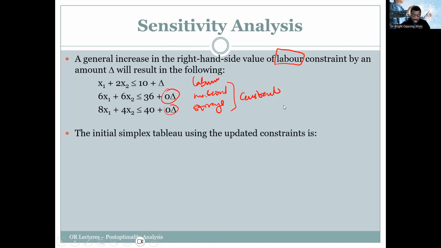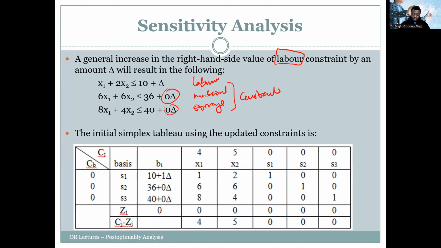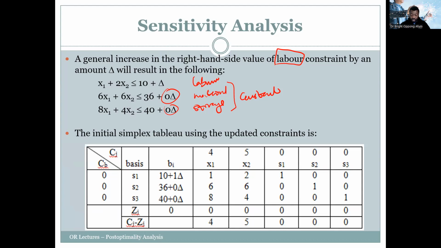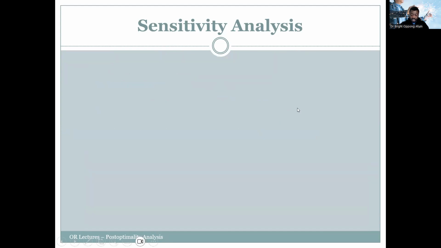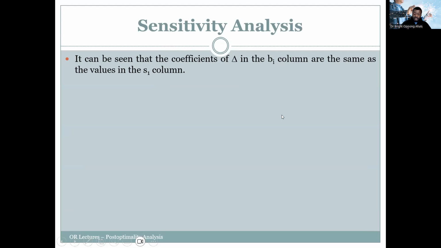All right, so you see the initial tableau using the updated constraints. We want to understand this, so I'm taking it from this direction. The initial tableau is represented in this form. So we have x1, s2, s3, and the BIs become 10 plus a change, 36 plus no change, 40 plus no change. If we patiently go through this exercise, we'll see that the change in the BI column is the same as the values in the S1 column.